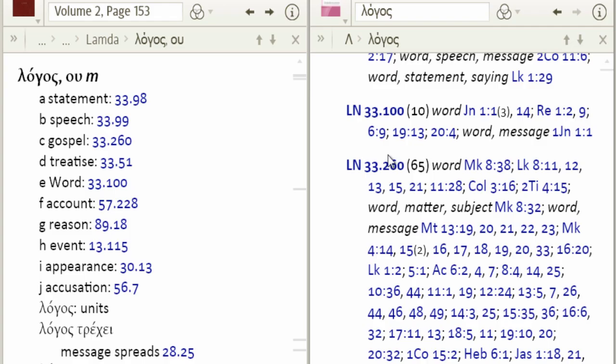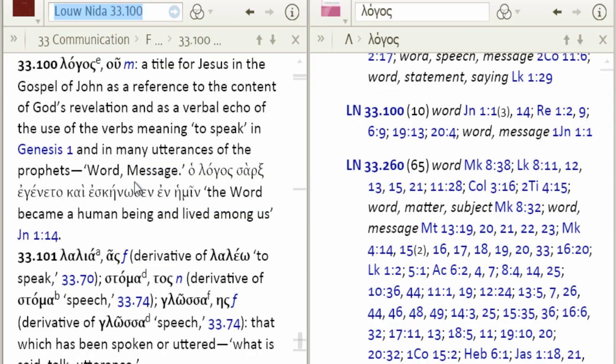Now, if you were to look at this entry in Louw-Nida, you'd see a definition, and actually only one reference to the New Testament. So how did we get these other references to the New Testament put along underneath this Louw-Nida sense?